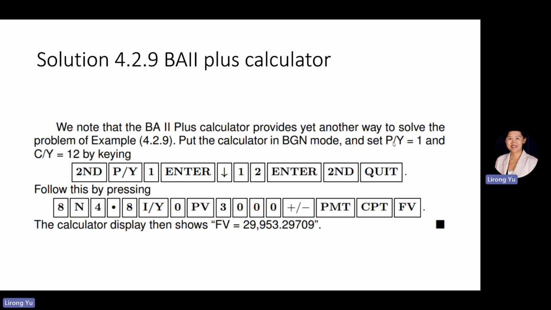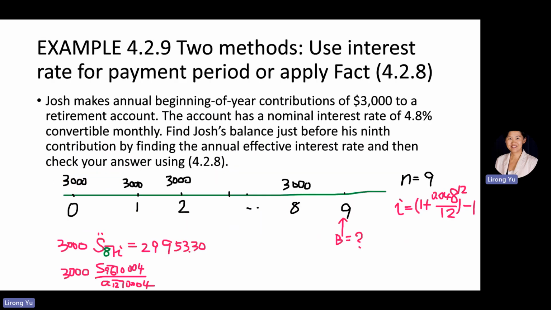Then set the P/Y, payments per year, as 1 because it's an annual payment, and set the C/Y as 12 because it's a monthly interest rate, convertible monthly. The interest is being compounded every month.